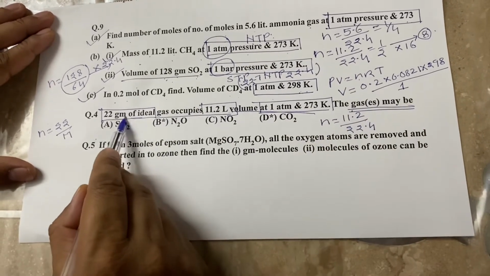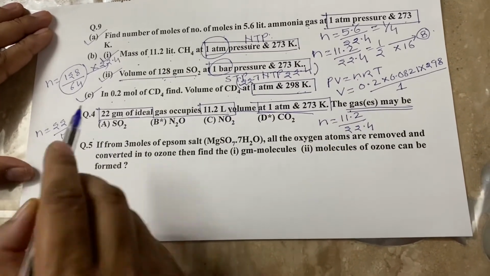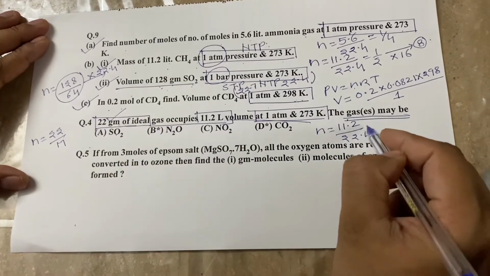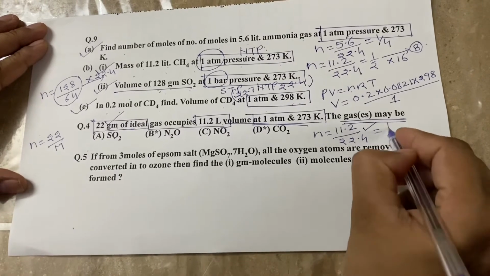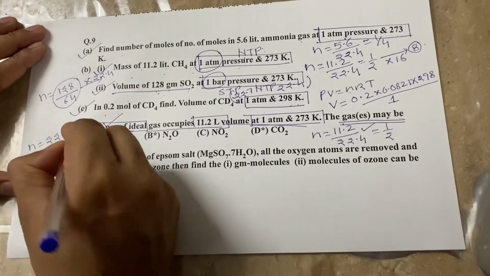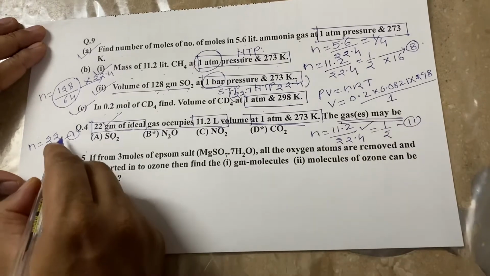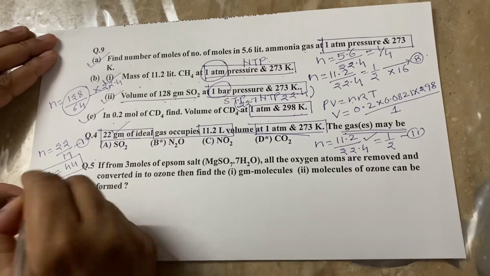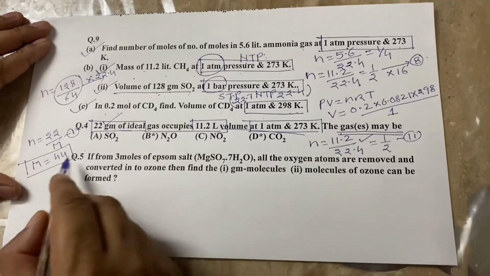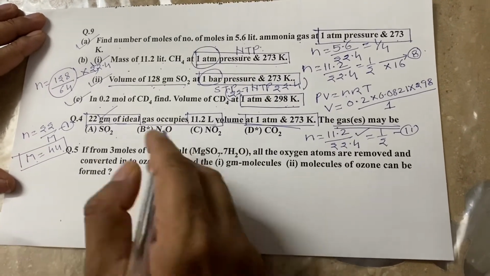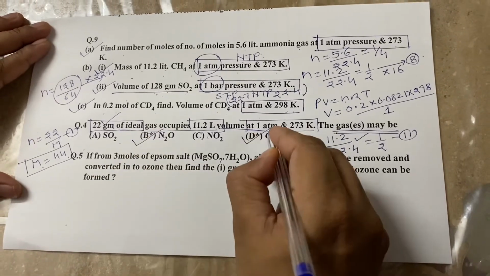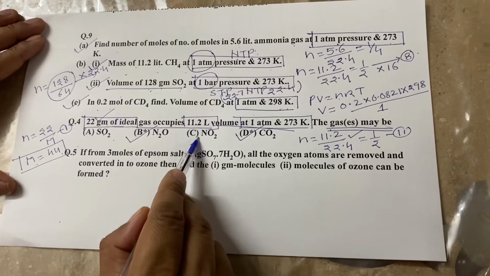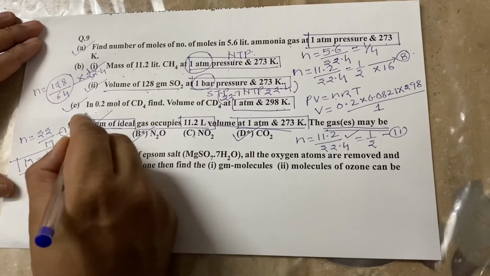So for this question I write two equations for the moles, first from this data and second from this data. This is equal to 1 by 2. Now we can equate equation 1 and equation 2, which will give molecular mass equal to 44. Now we can calculate the molecular mass of each, and definitely the B and D options will be correct. So this is a question that was asked in IIT, with more than one correct answer.